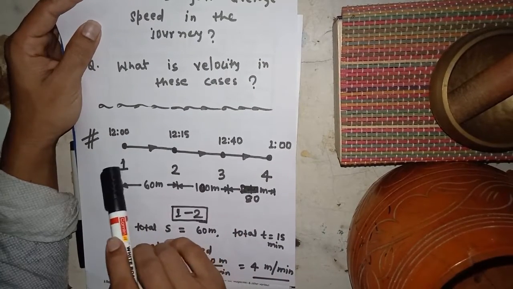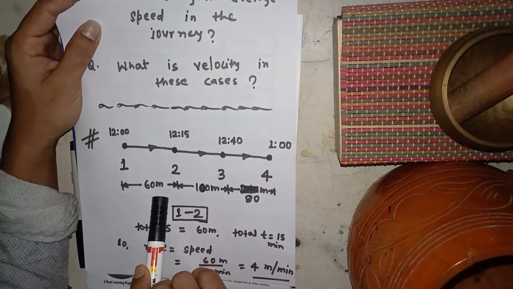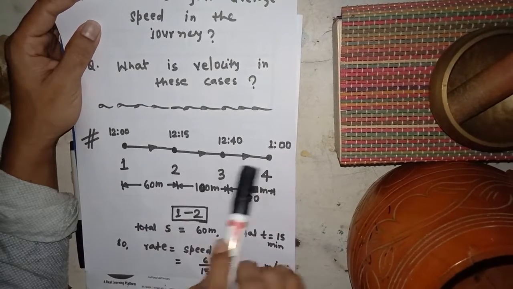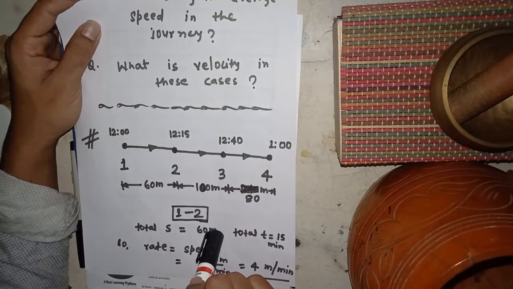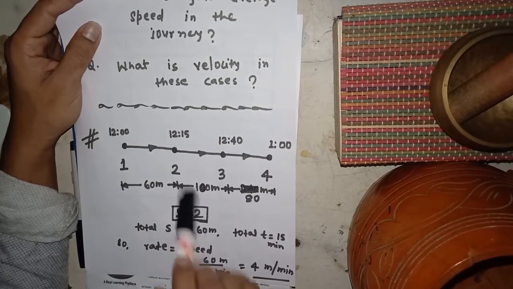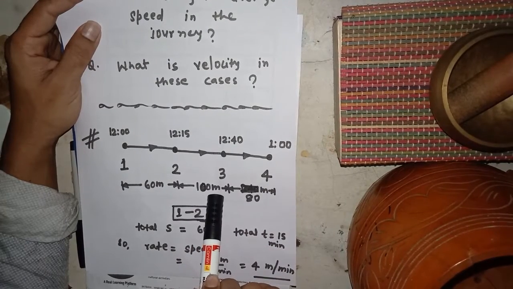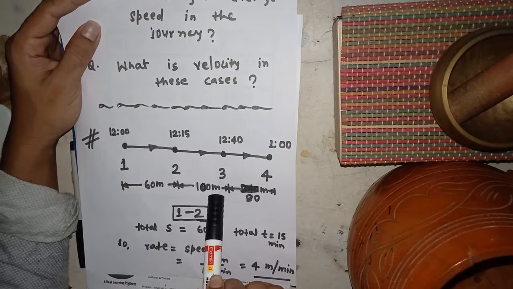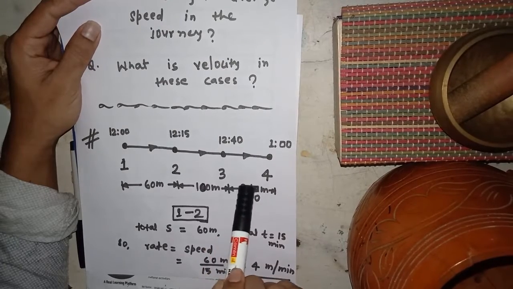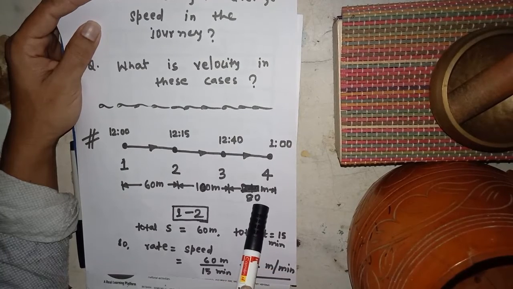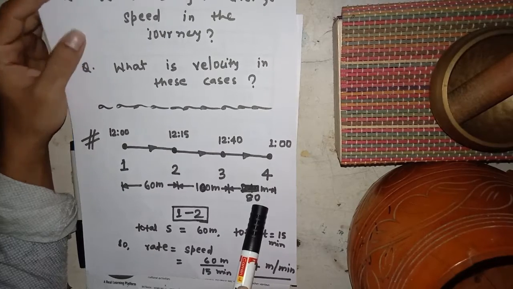And the displacement from 1 to 2 is 60 meters, and 1 to 3 is 160 meters, and 1 to 4 is 240 meters. So I can say the displacement between 2 and 3 is 100 meters. Are you clear? Have you understood? And the displacement between 3 and 4 must be 80 meters. Isn't it?